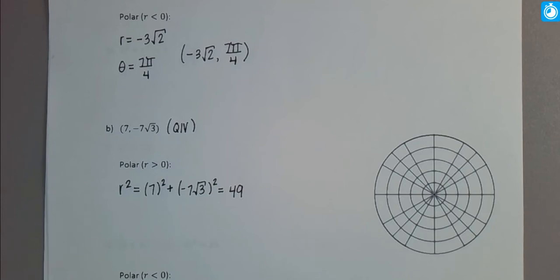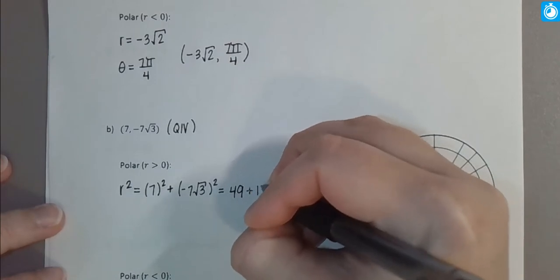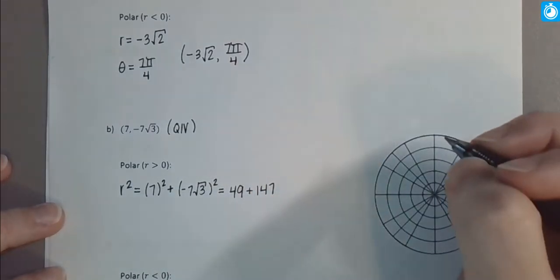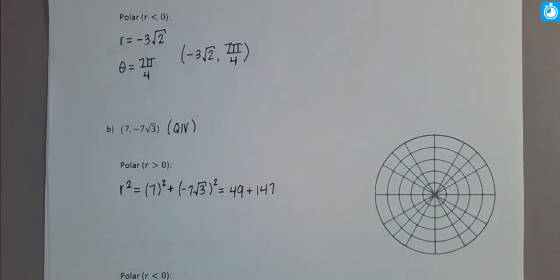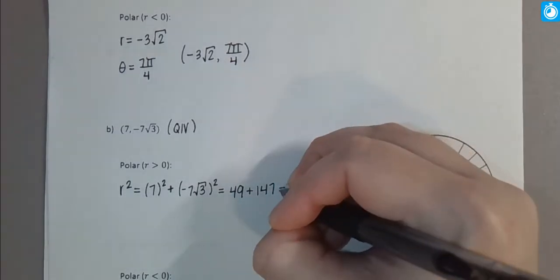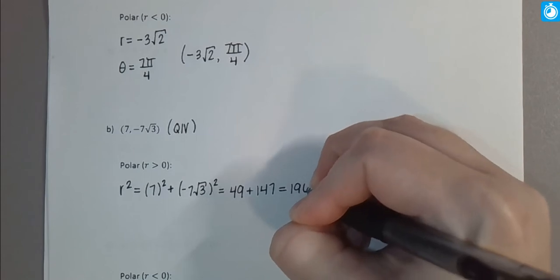So we square the 7 and we get 49. If we square root 3, we get a 3. And then, of course, the negative squares and becomes positive. So if you were to multiply 49, which is 7 squared, times 3, which is root 3 squared, you are going to get 147. And so if we add those two together, 147 plus 49 is going to be 196.